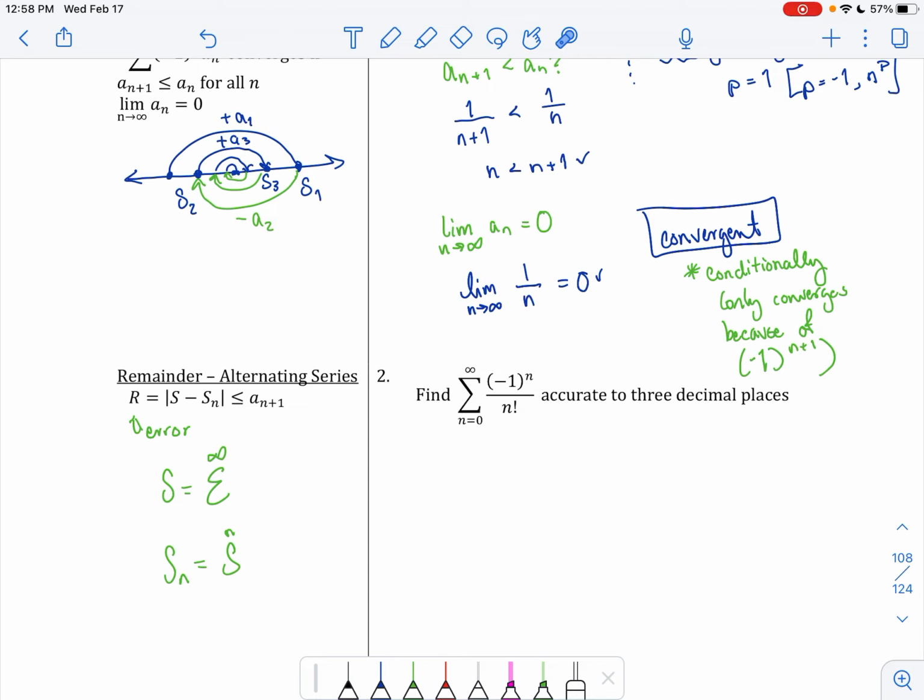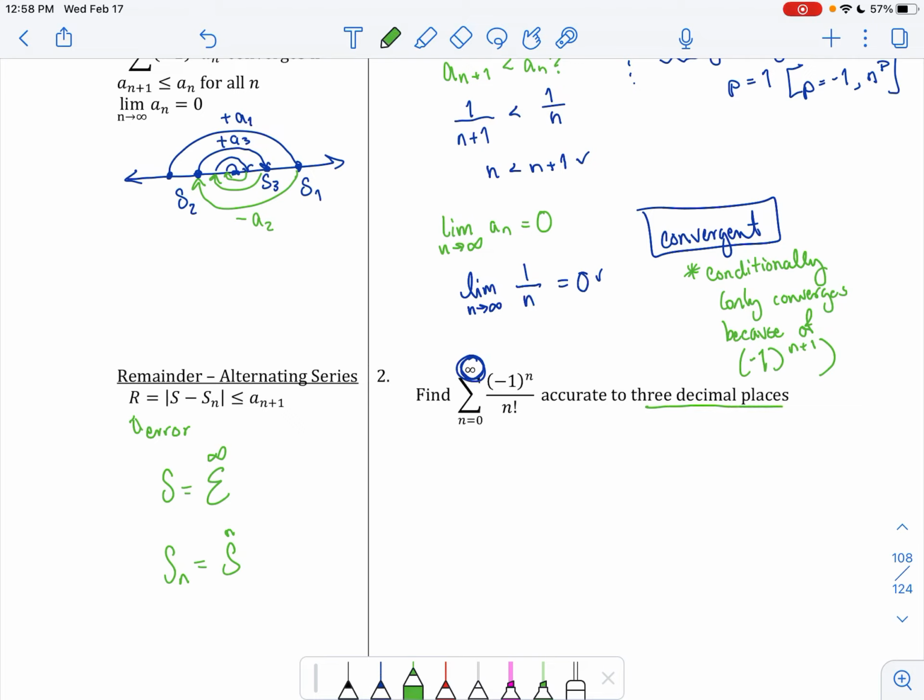So what we can do here is say, all right, find this infinite series, but just worry about it being accurate to 3 decimal places. So I want to know what I need to plug in here to my calculator to be accurate to those places.